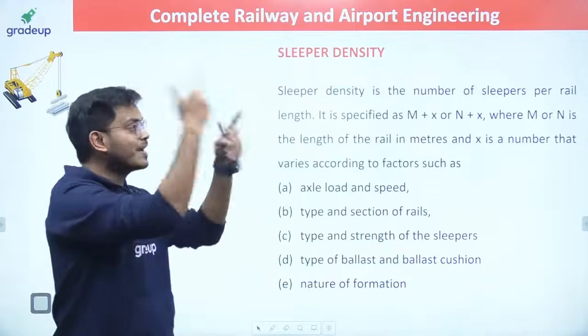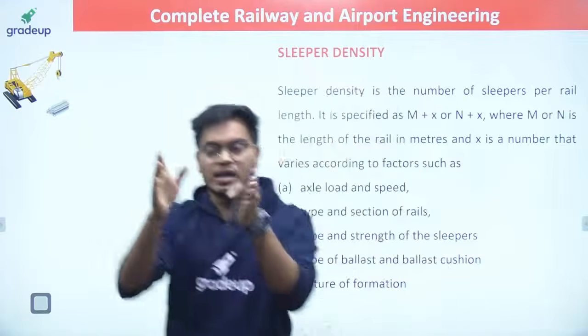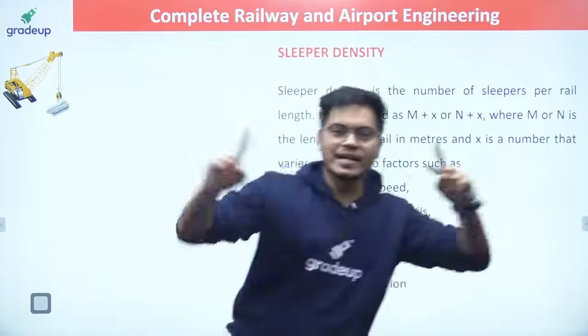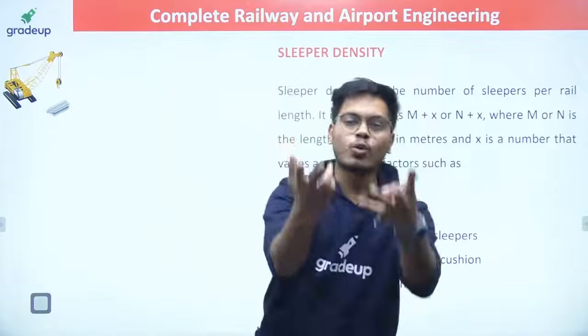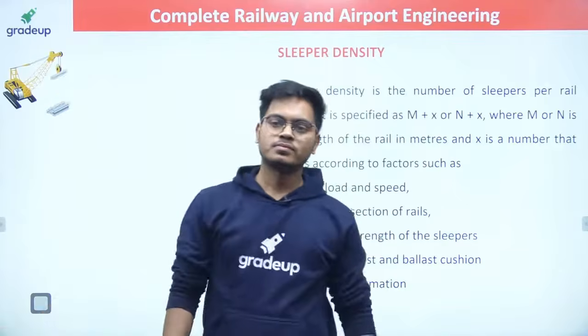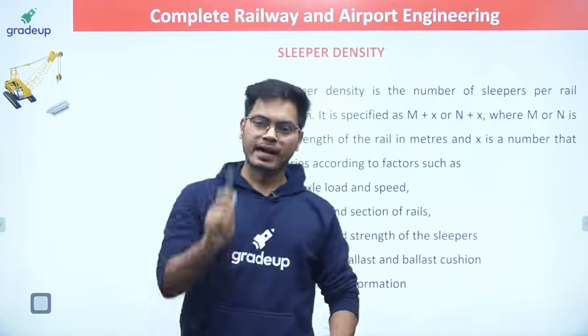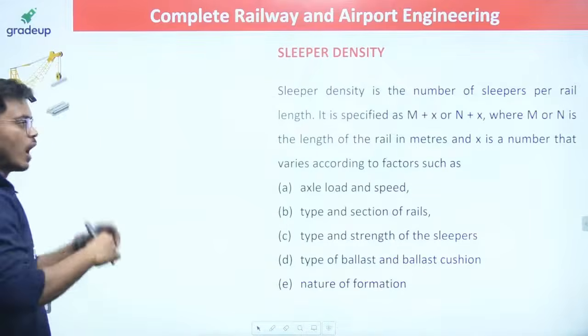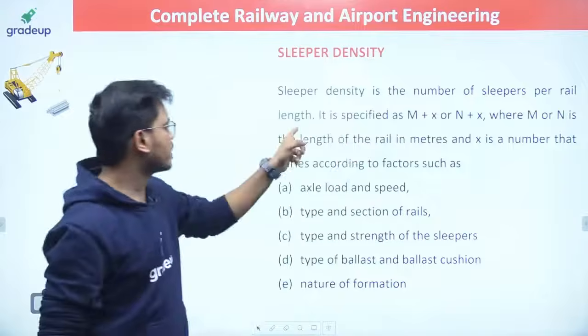Sleeper density actually is how many sleepers are required in one rail length. Now how to define sleeper density? Sleeper density is the number of sleepers per rail length.